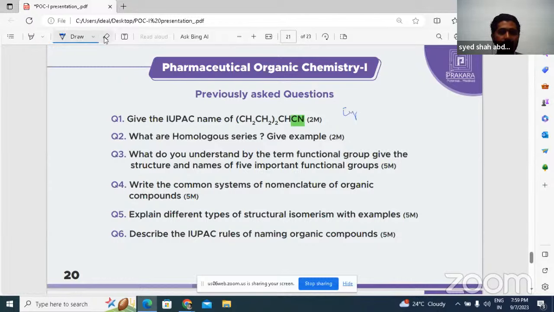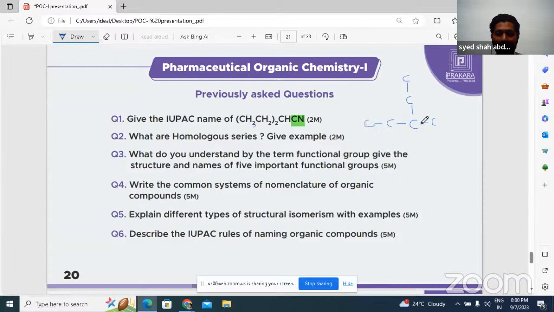So here, let us try to name this one. 1, 2, and let us write this CH2, CH2 taken twice. CH2, CH3 it should be. So it is this compound. Right.